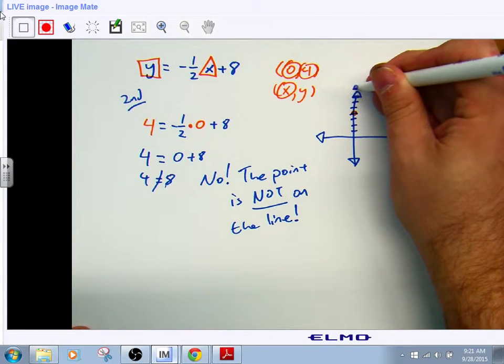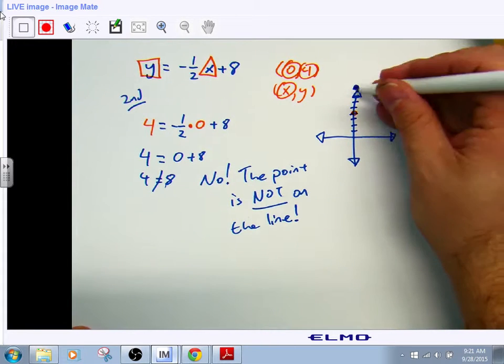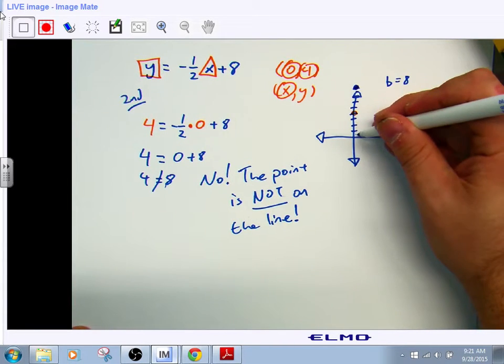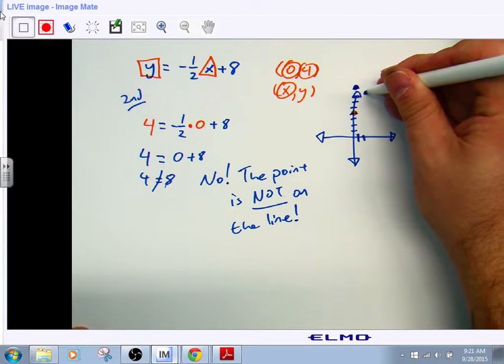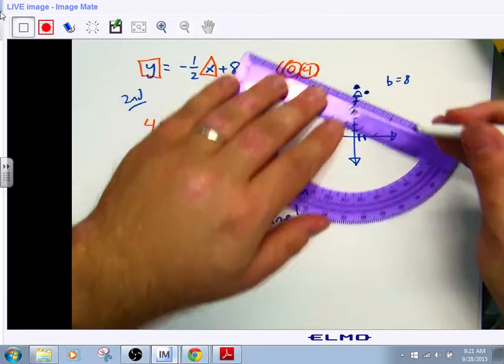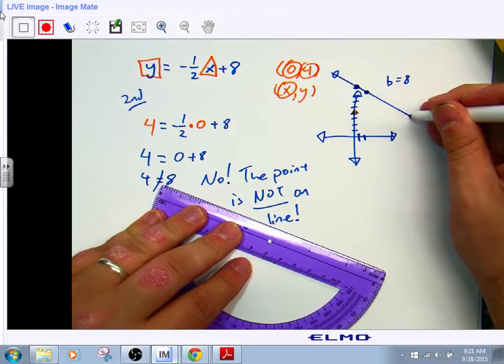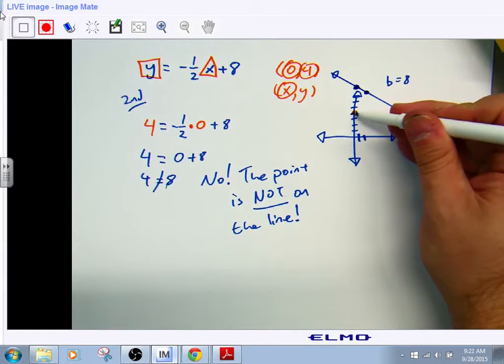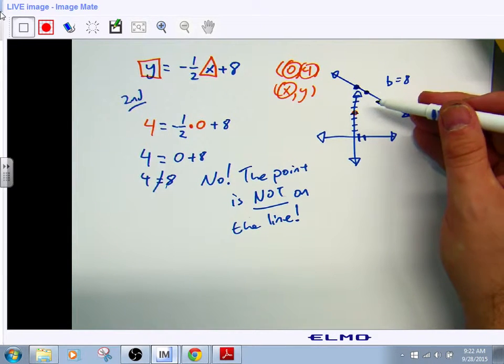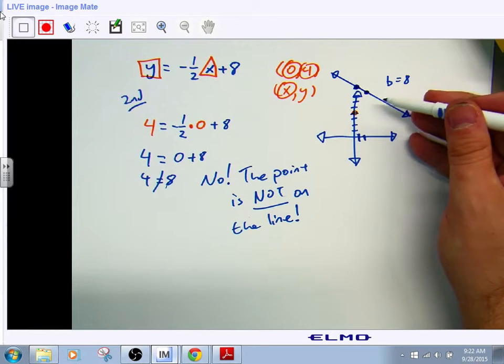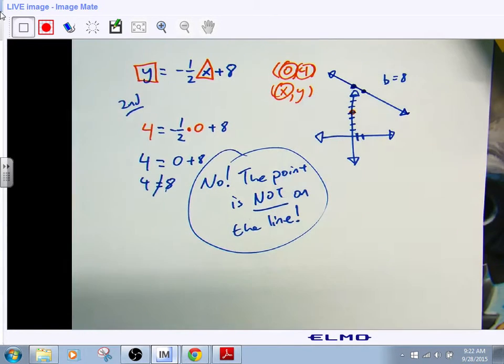It's all the way up here. And then my slope is negative 1/2. So I go down 1 over 2. Something like this. When I graph my line, it goes like that. Put my arrowheads on it. And I see that, yeah, that point is nowhere close to being on that line. There's no way that this point is on that line. So yeah, nope, the point is not on the line.